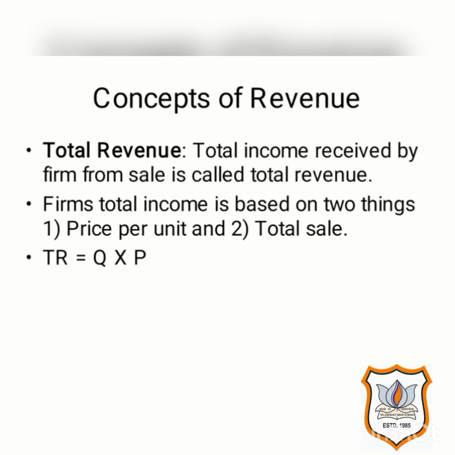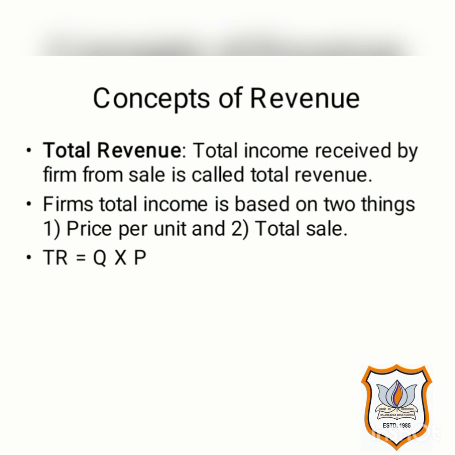A firm's total income is based on two things: price per unit and total sales. Definitely, total income will be based only upon these two things. That means how many units are sold and at what price each unit is sold. If there is a change in any or in both of these factors, then definitely the total revenue of the firm would also change. The formula has been given over here to find out total revenue.